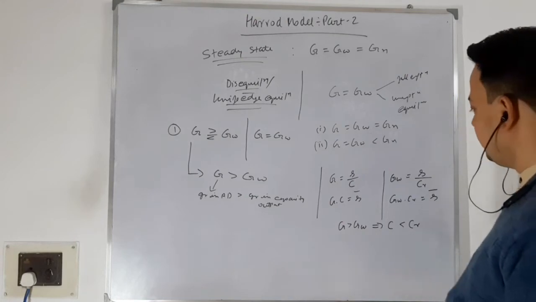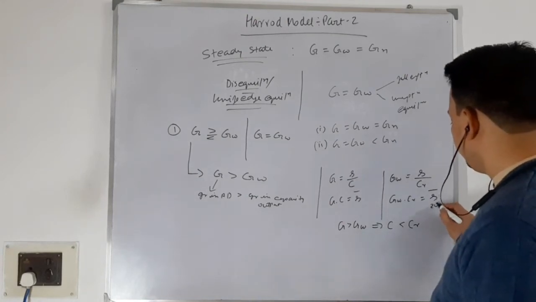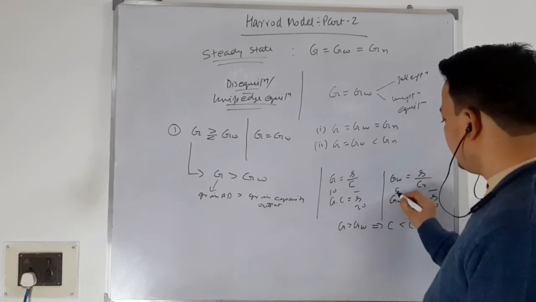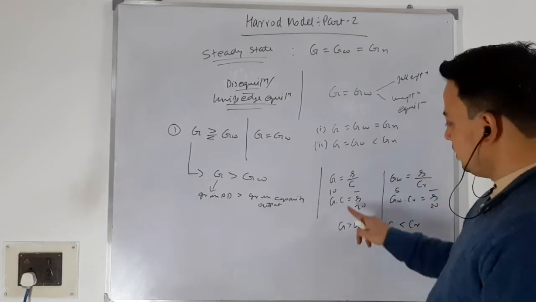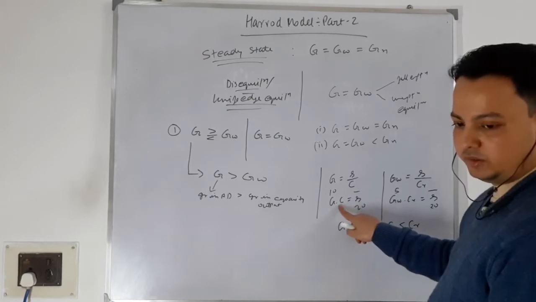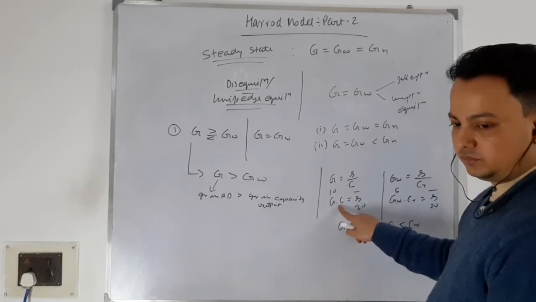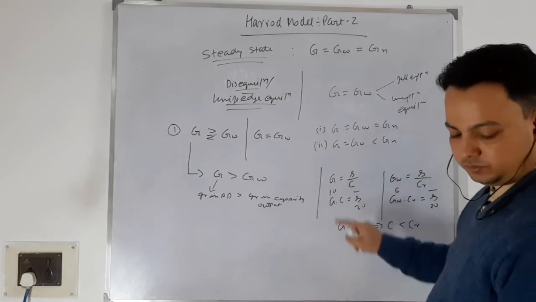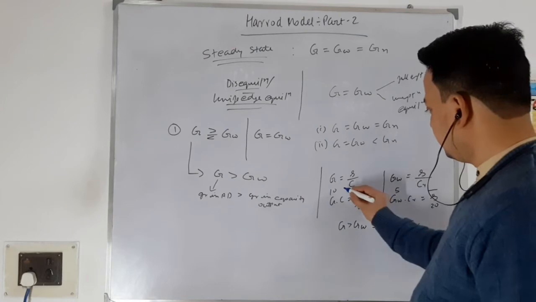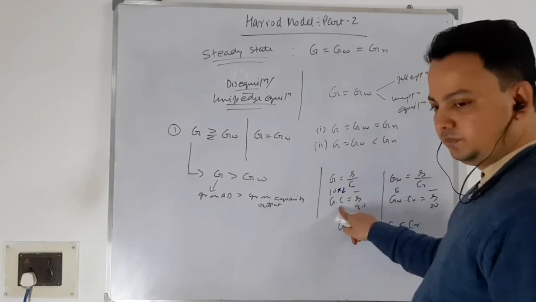Let me give you one example. Suppose your saving is 20, actual growth rate is 10 and warranted growth rate is 5. Here, in order for equality to hold, how much actual capital stock is required? It must be 2. Yes or no? Actual capital stock must be 2.